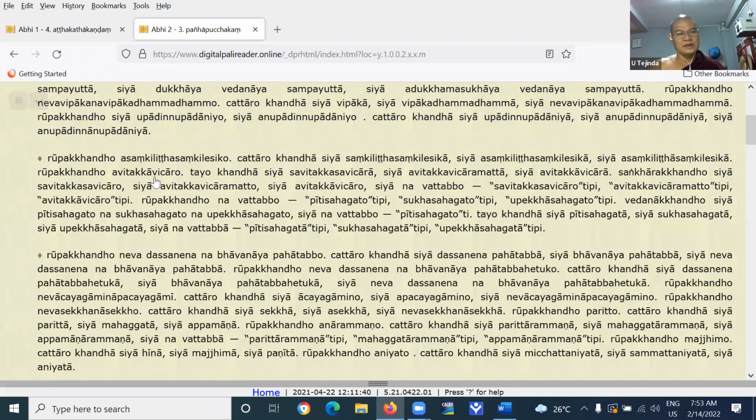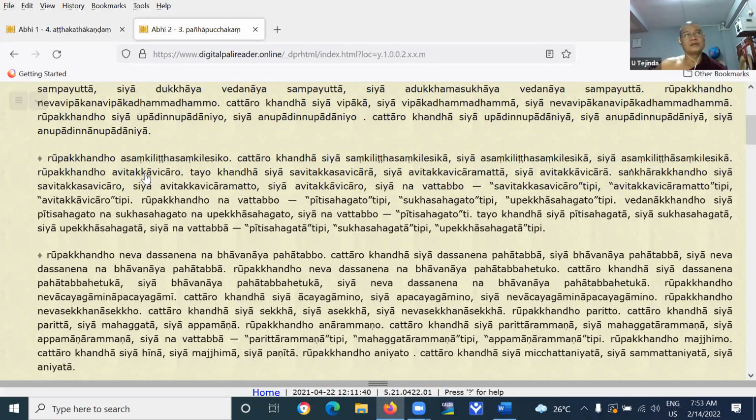Avitakka and avicara we do not combine. But here, Rupa Khanda avitakka avicaro, avitakka avicara: not associated with vitakka and vicara.